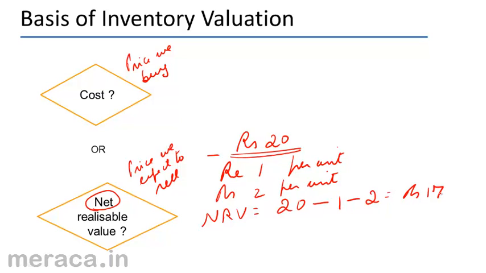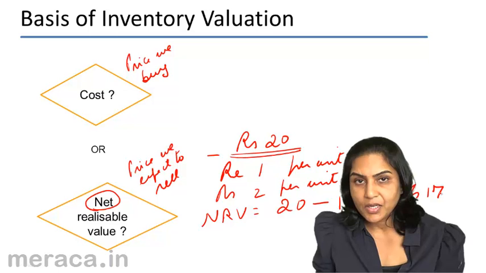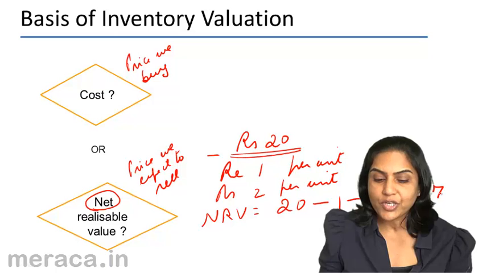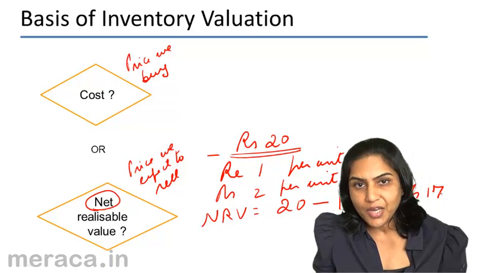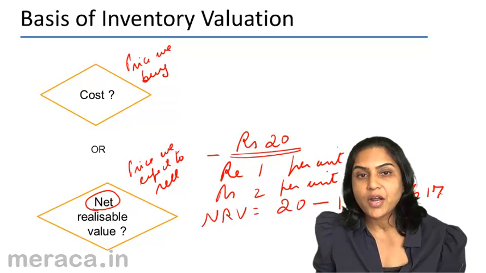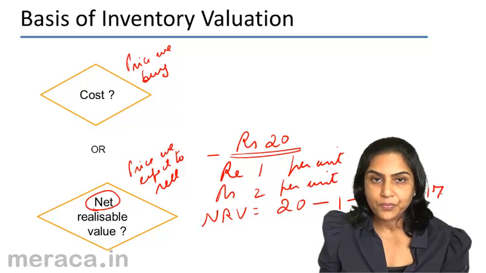Therefore, net realizable value is the price that we will get when we sell the product, less any costs of completion and any other costs which we would have to incur if we sell the product. Now a basic question was whether we would value the inventory at cost or net realizable value.